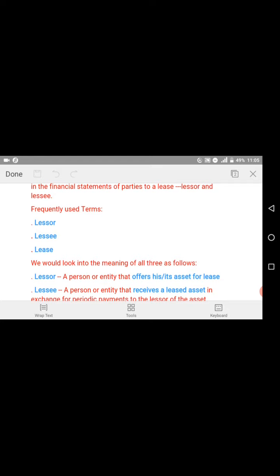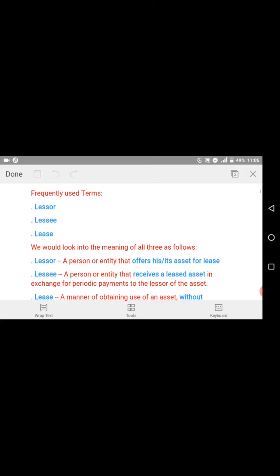First, the lessor, a person or entity that offers his or its assets for lease. That's the key word there, offers.